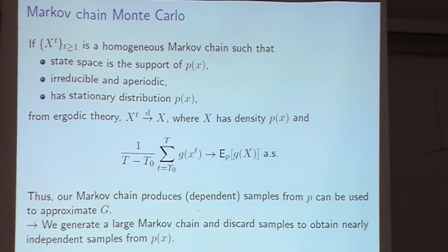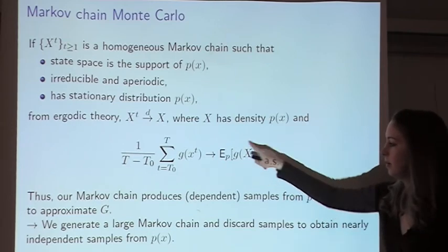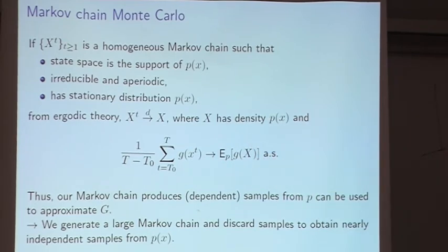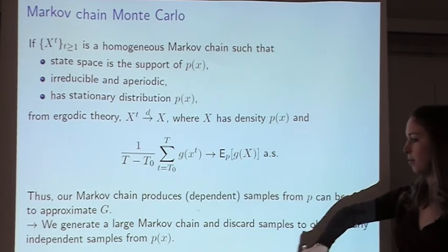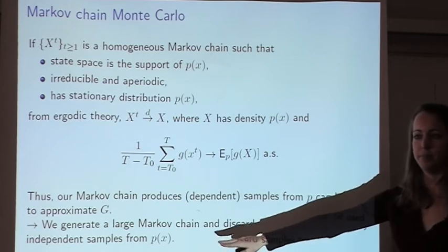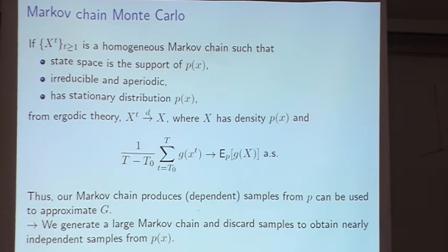So our Markov chain produces, in general, dependent samples from our target p, and these can be used to estimate the thing that we wanted to estimate, g, here. So in general, what we'll do is we'll generate a large Markov chain, and we'll need to discard some samples so that we obtain nearly independent samples from our target density p of x. Is that clear?